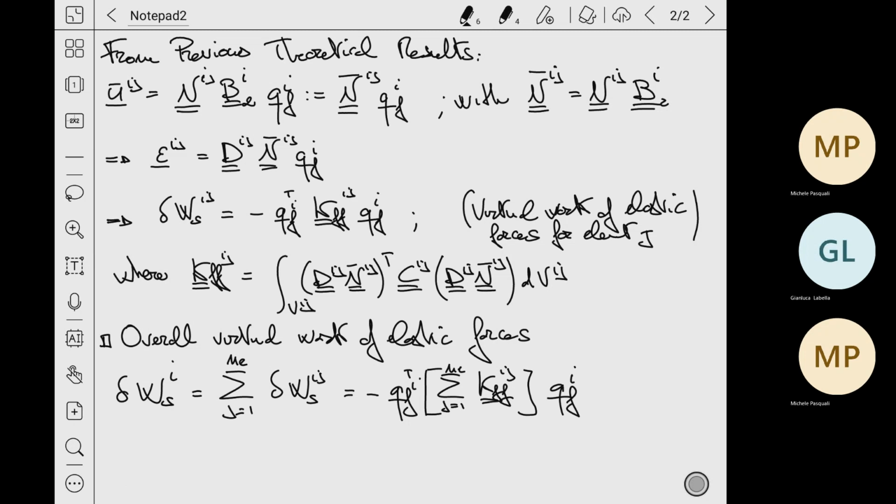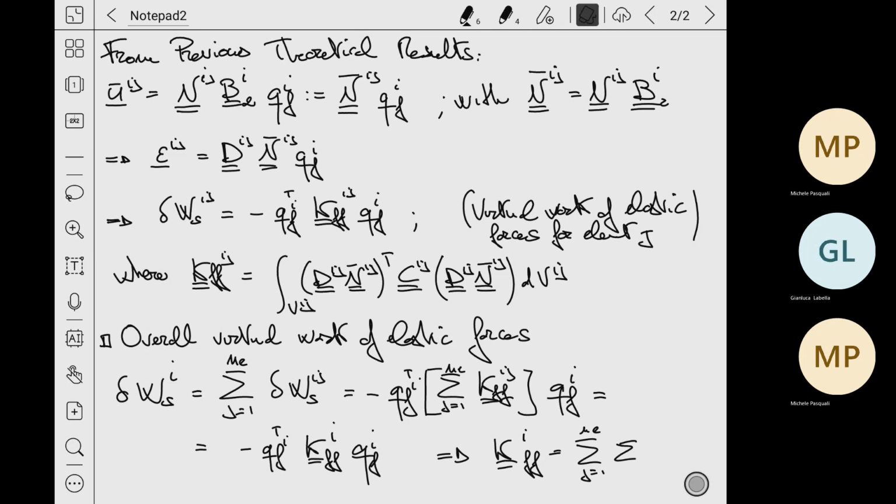And so this we can define again as minus QFI transpose KFFI QFI. So that the stiffness matrix of the overall body, again very easily, is just the sum of the stiffness matrices of the elements. Okay?